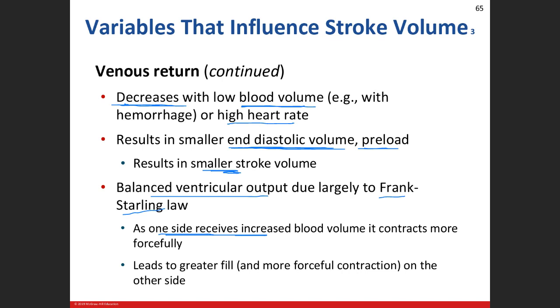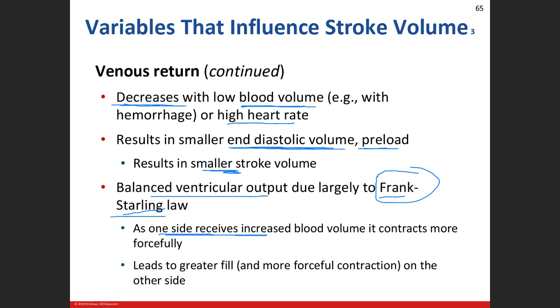So then it can return that to the systemic or the pulmonary circulation, and then it will eventually balance itself out. It's almost like a compensation, but basically that balanced ventricular output has to do with the Starling's Law.